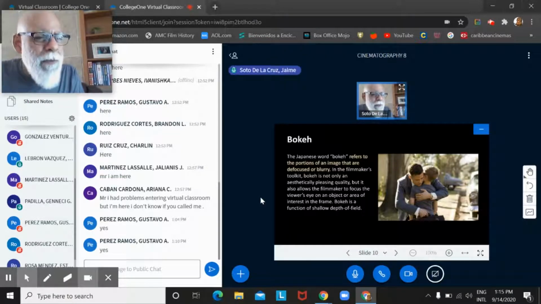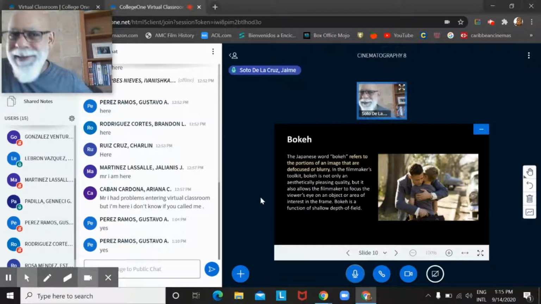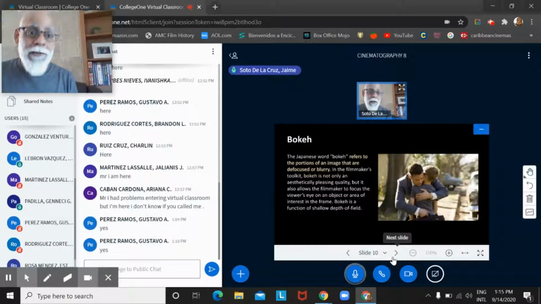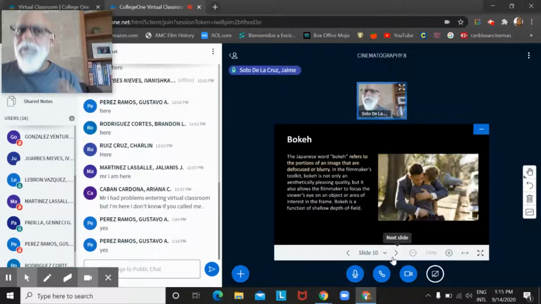One of the elements that we mentioned was depth of field, and I told you we would be coming back to this. So let's talk about depth of field, another concept that you need to understand. I've been giving you a few concepts today to digest. We already mentioned the f-stop, we just mentioned bokeh, and now we're going to explain depth of field.